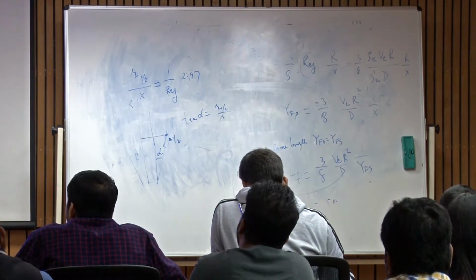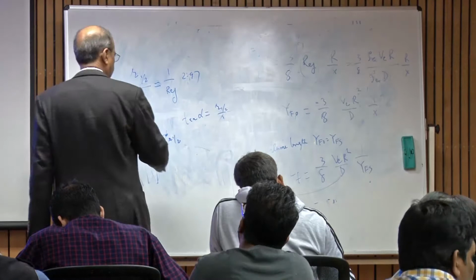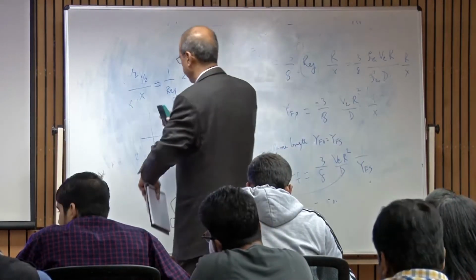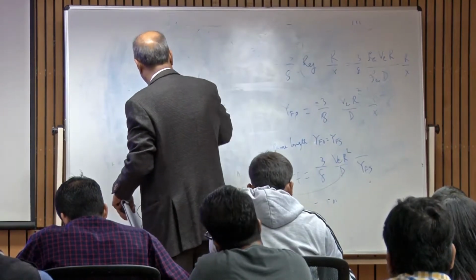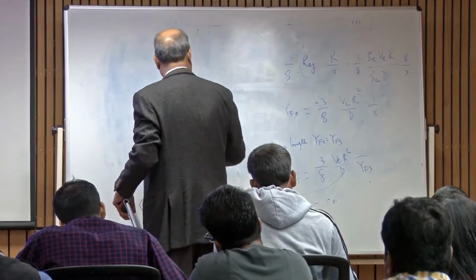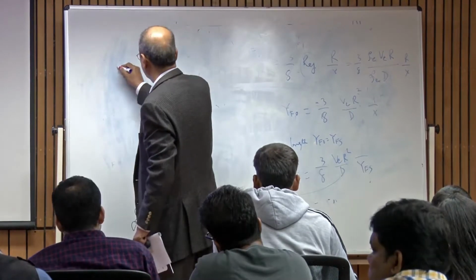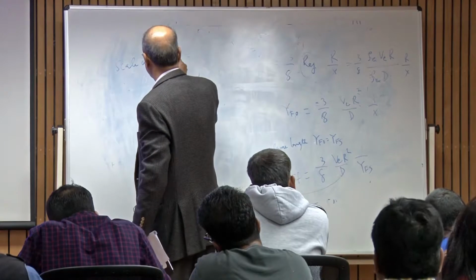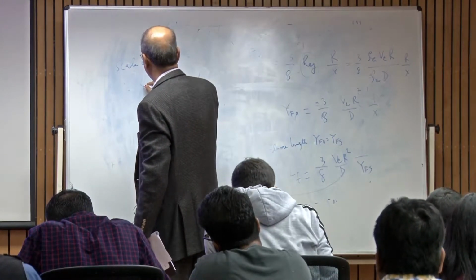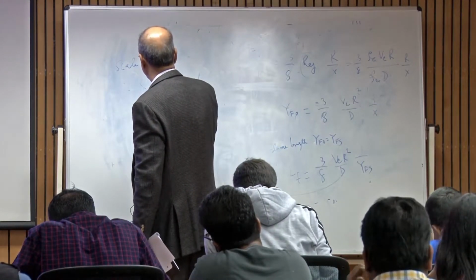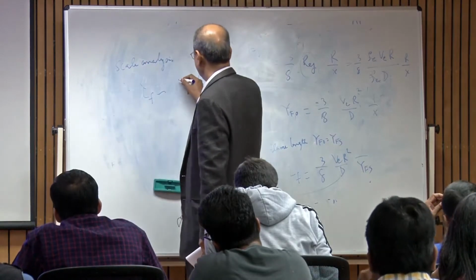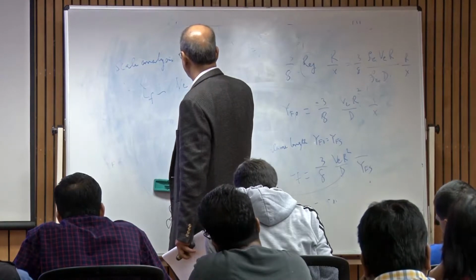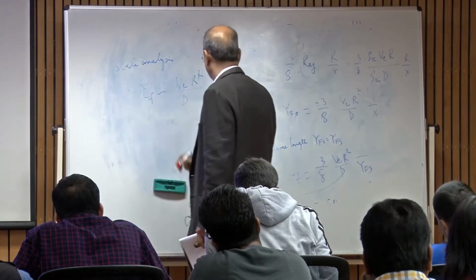From scale analysis, we had LF as V e r square over d, right?